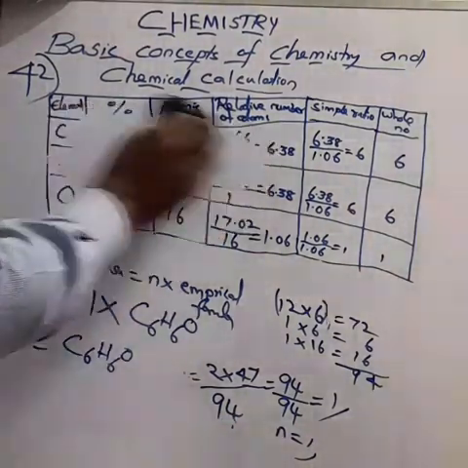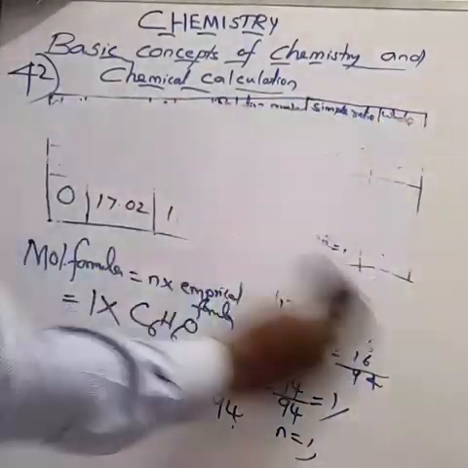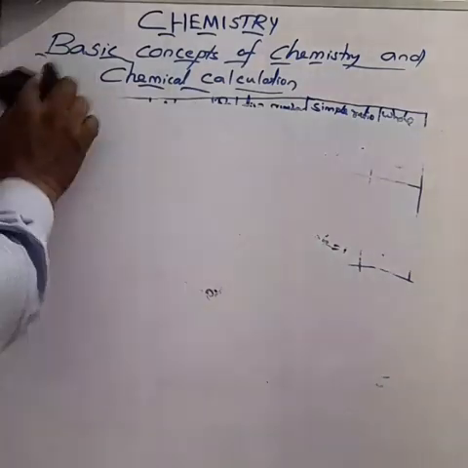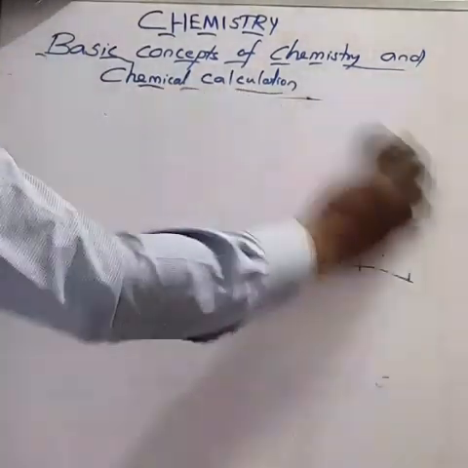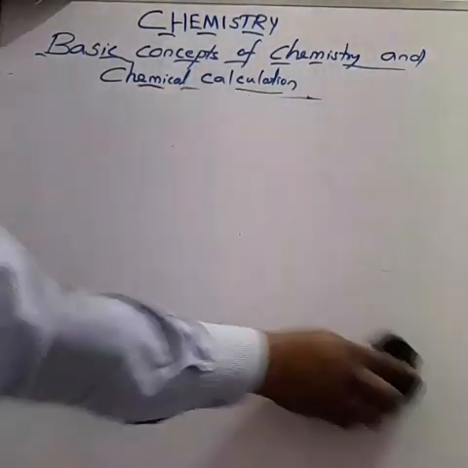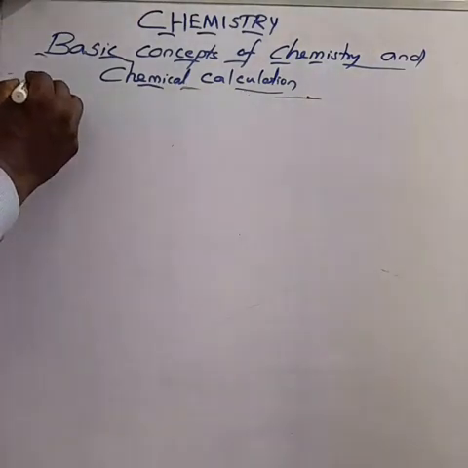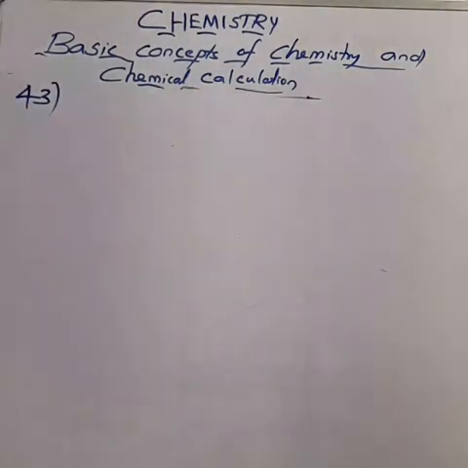Next one. Second one. Question number 43. Please all of you take question number 43. A compound on analysis gives sodium, Na means sodium, is equal to 14.31%. Sulfur is equal to 9.97%.